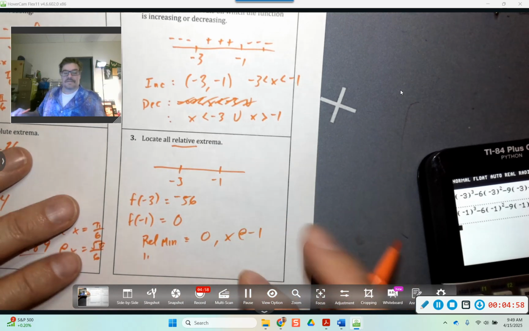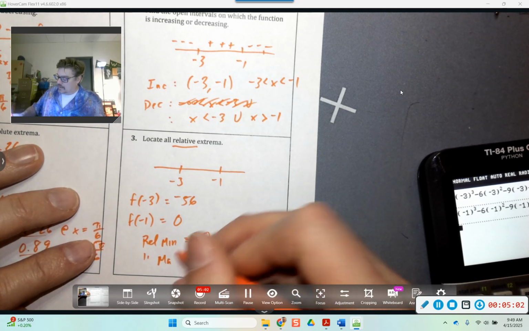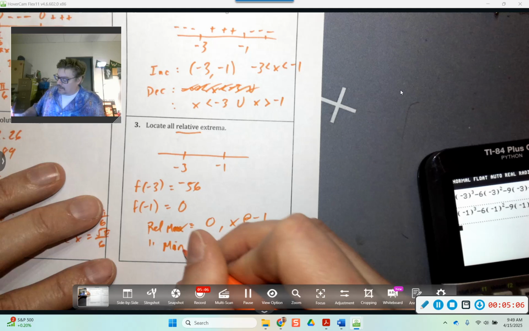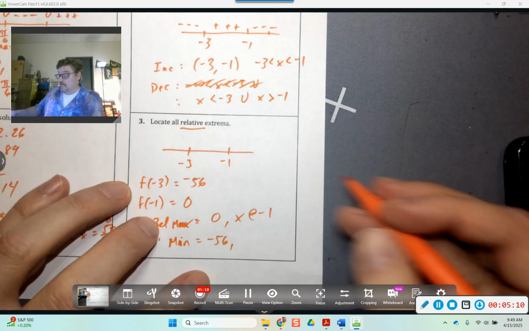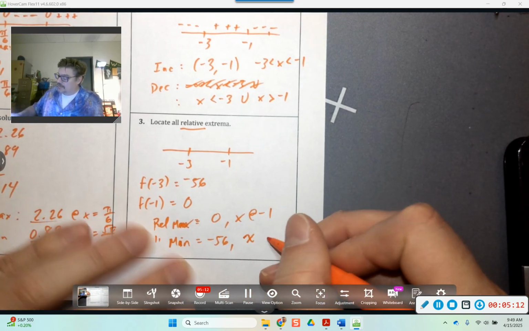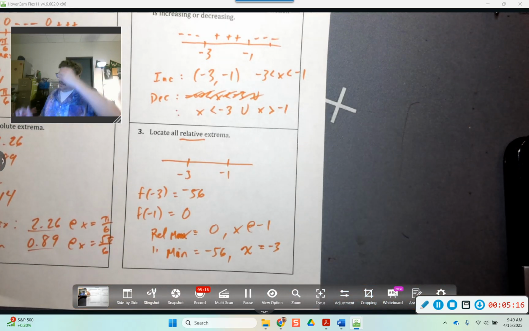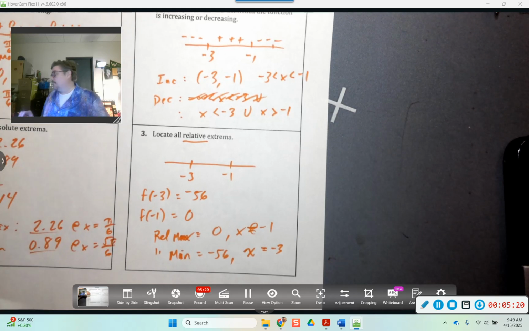And our relative max. No, my bad. Relative max is 0. Relative min is negative 56 because negative 56 is smaller than 0. Just in case you were wondering. All right, and there we go. Final answer there.